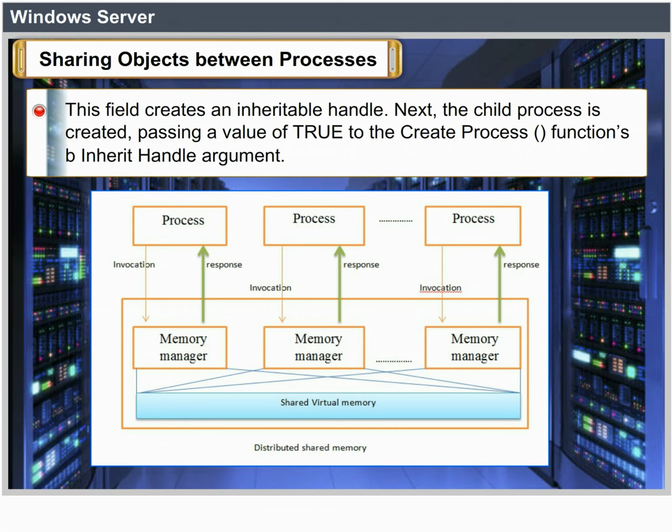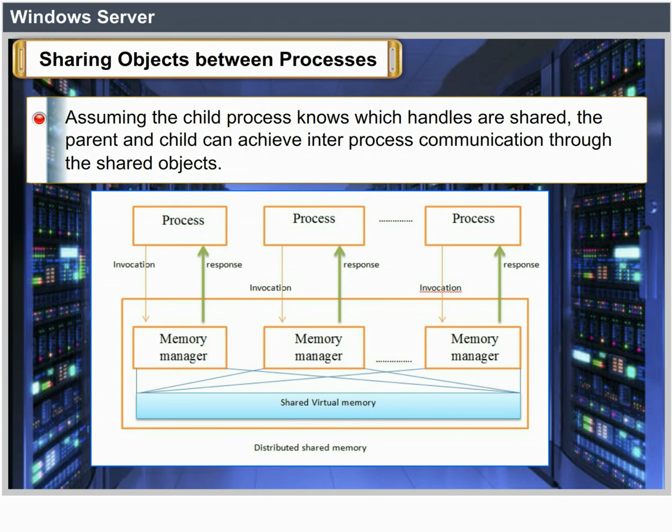This field creates an inheritable handle. Next, the child process is created, passing a value of true to the CreateProcess function's bInheritHandles argument. Assuming the child process knows which handles are shared, the parent and child can achieve inter-process communication through the shared objects.